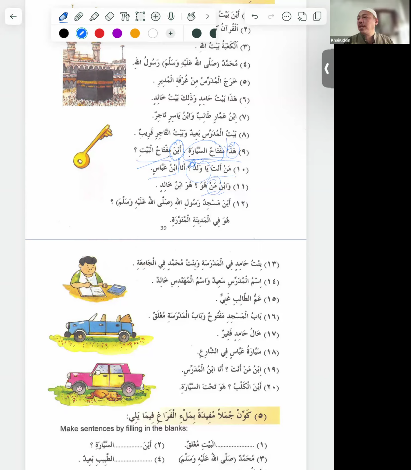Ibnu Man is the son of who? The Ibnu is a mudaf, and the man here is the mudafun ilayhi.